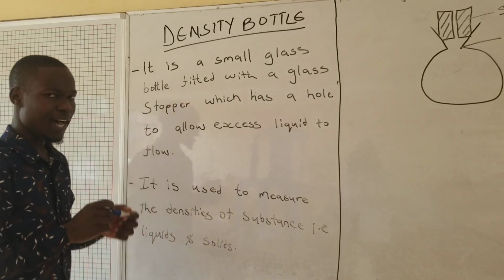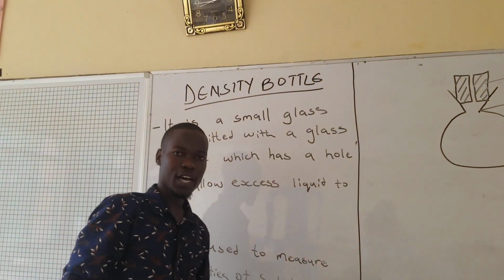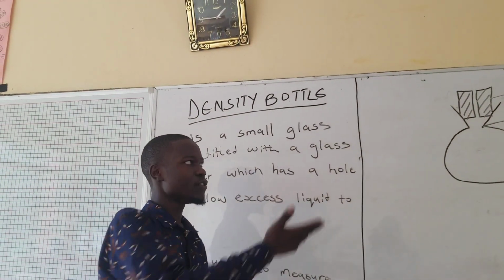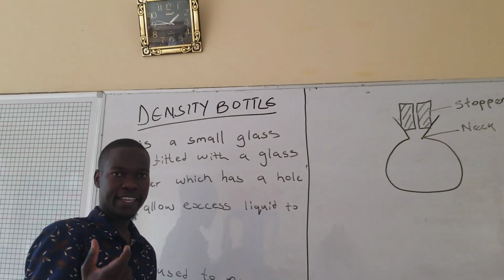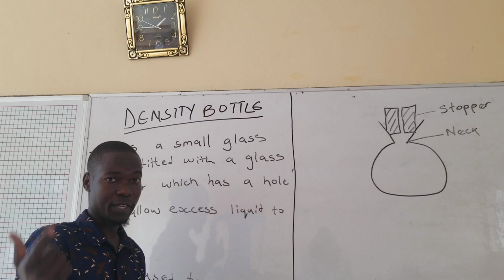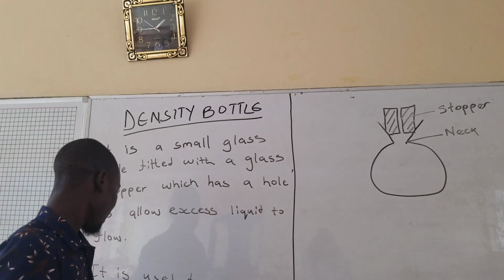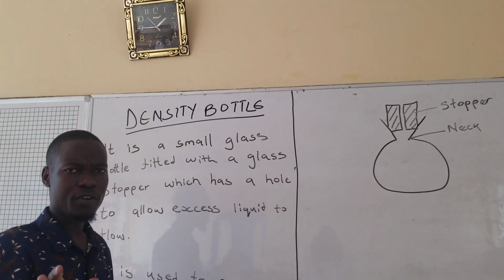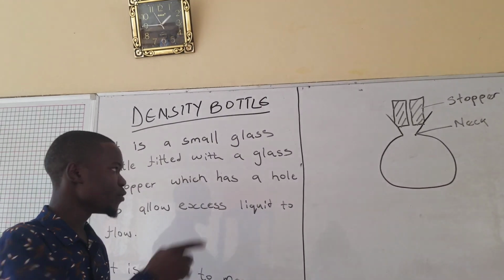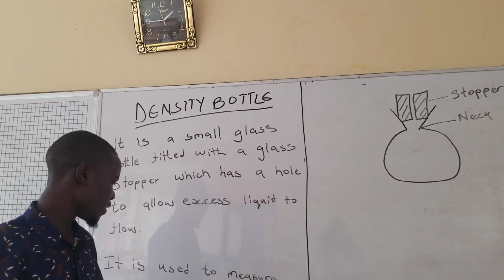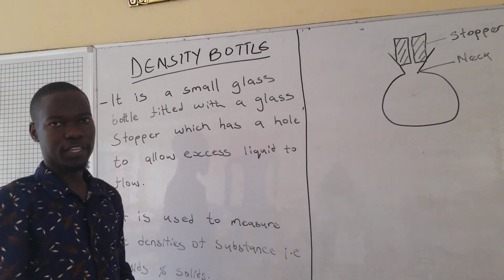So I can take a liquid that I know not about its density and use the density bottle to get the density of that liquid. And at the same time, I can also take a solid that I do not know about its density and use the density bottle to get the density of that solid.